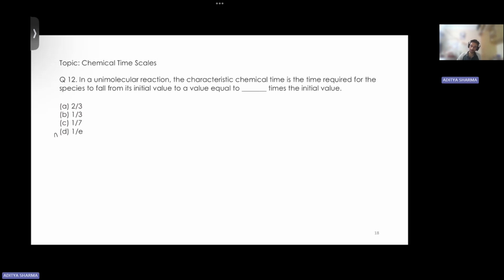In that case, the time that this species has taken to reach this value is known as the characteristic chemical time. Okay, so this is your question number 12.